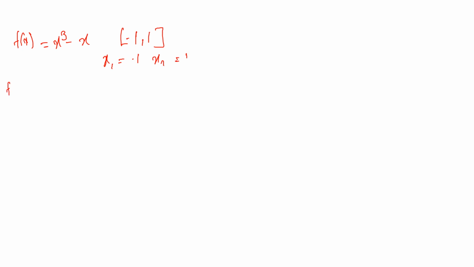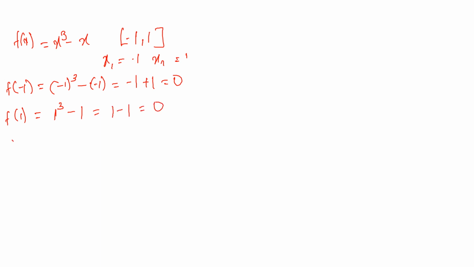Then you can find your f of -1, which is going to be -1 raised to the power of 3 minus -1, which is equal to -1 plus 1, which is equal to 0. Then f of 1, which is equal to 1 raised to the power of 3 minus 1, which is equal to 1 minus 1, which is equal to 0. Therefore, f of -1 is equal to f of 1, so it satisfies Rolle's theorem.